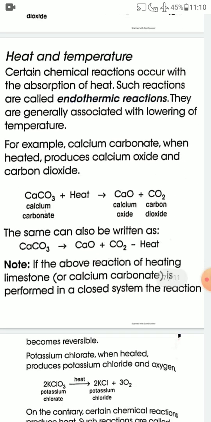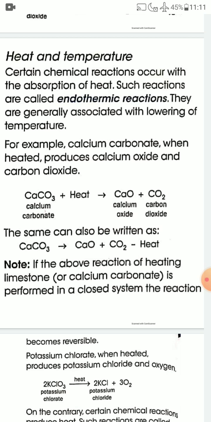Next, heat and temperature. You have to mention the temperature and heat at which the reaction occurs. Certain chemical reactions occur with the absorption of heat, and such chemical reactions are called endothermic reactions. So endothermic reactions are those reactions which occur with the absorption of heat.